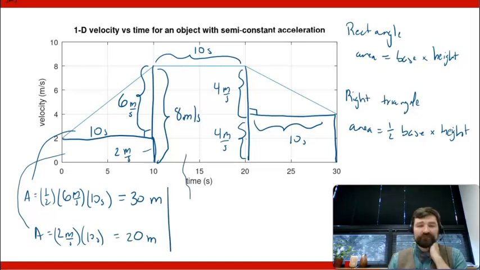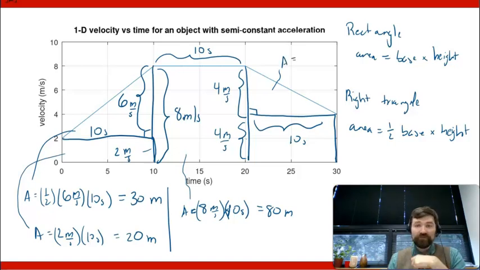This one right here gives me an area of 8 meters per second times 10 seconds, so that's 80 meters. This one would have an area of 1/2 times 4 meters per second times 10 seconds, which is 20 meters. This one has 4 meters per second times 10 seconds equals 40 meters.